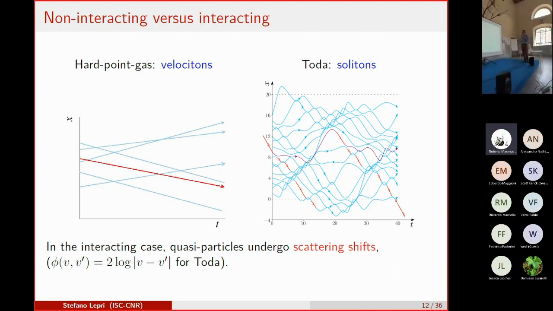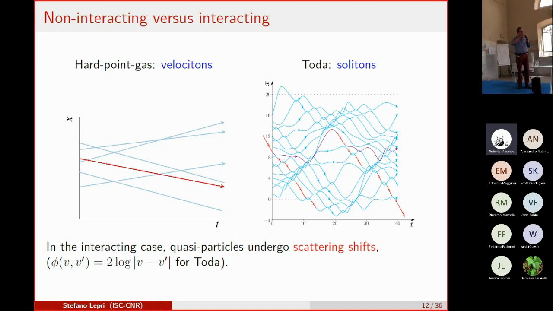The situation is different for Toda, because now you don't see anything. But if you label a Toda soliton, and you try to do the same thing that you did with the previous model, you see that the soliton moves ballistically, but it undergoes shifts at every collision. When it meets another soliton, it keeps the same energy and momentum, but it shifts the phase a bit.